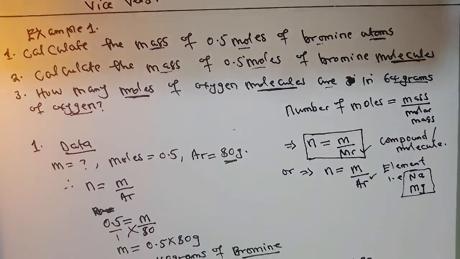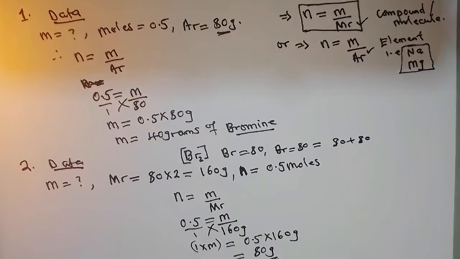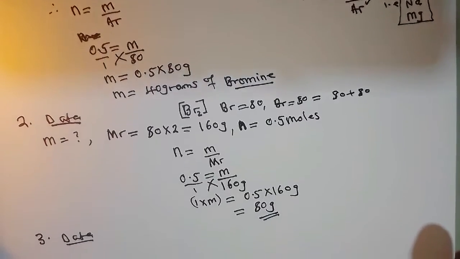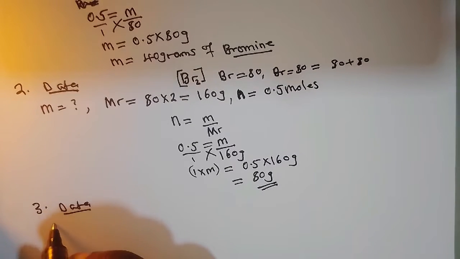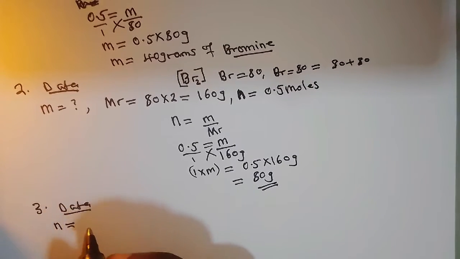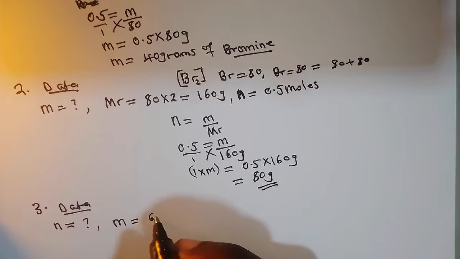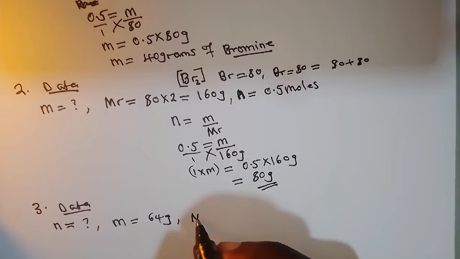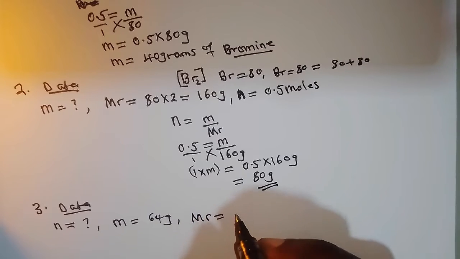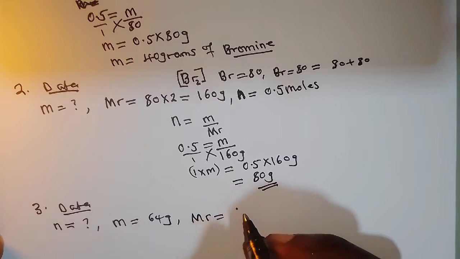In this case, we have been told that the mass is 64 and we are looking for the number of moles. So the number of moles we don't have, and the mass is 64 grams. And the molar mass, since it is a molecule, is the molar mass of oxygen.